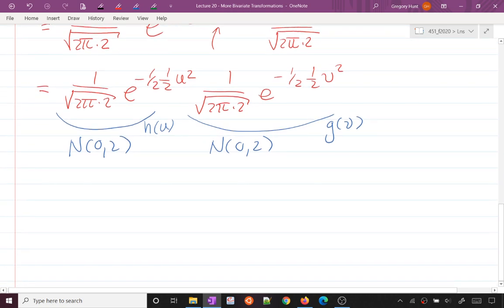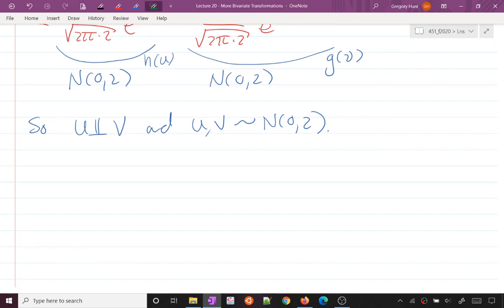And so what this means is that u is independent of v, and surely u and v both follow a normal 0-2 distribution, because I've basically separated it out into the two marginal PDFs.